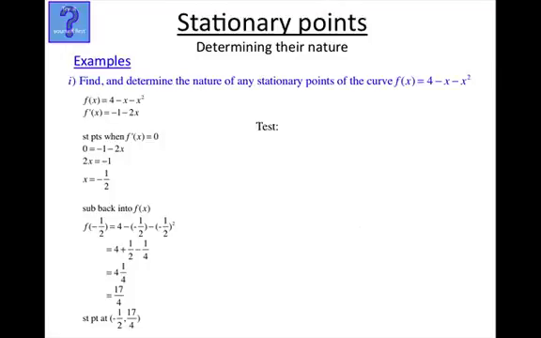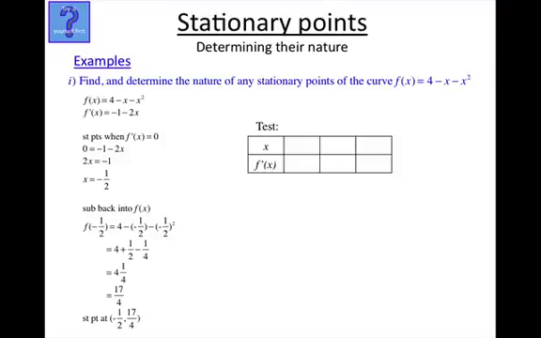And as we said, in order to do that, we've got to test. We test our x and our f dash x. So we want to see what is the gradient doing on either side of that stationary point. So we know with our first one, which is our stationary point minus a half, is always, as we said, going to be 0. Then we want to test just less than negative a half.